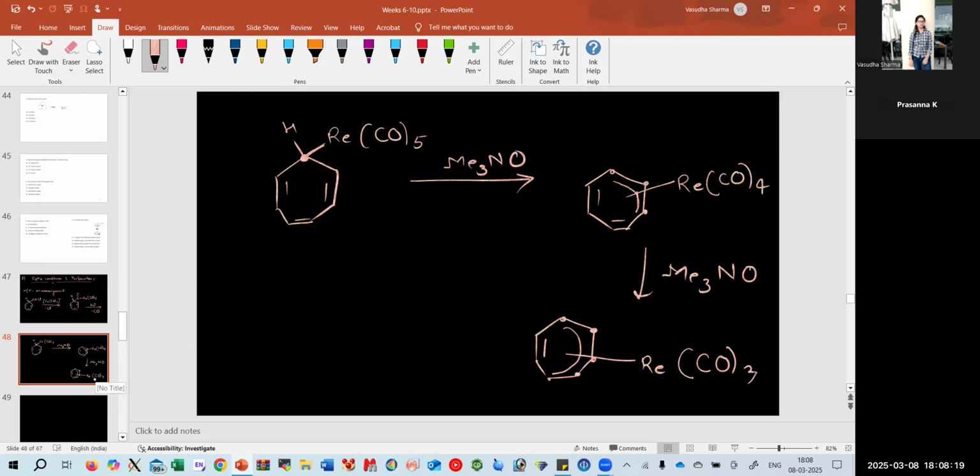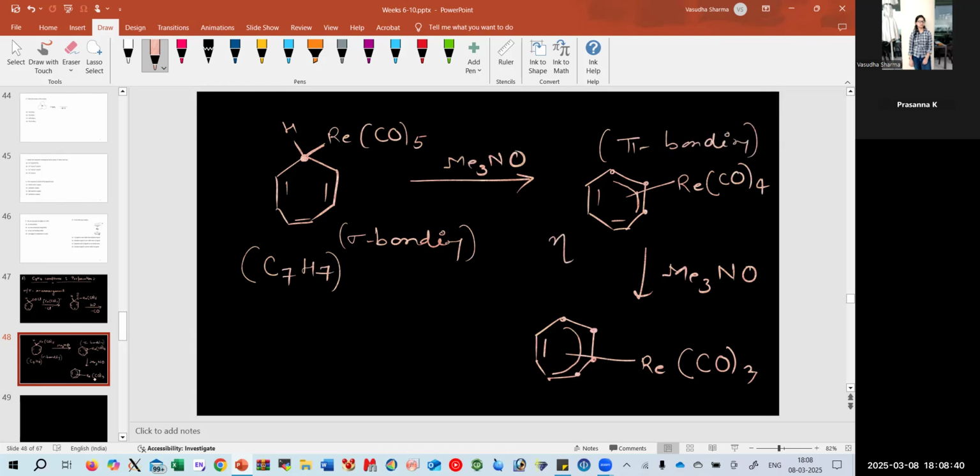So this is it. Here we saw that this is also a C7H7 system, but it is having a sigma arrangement, sigma bonding, we can say. But here both sigma and pi bonding is happening. Here it was hapticity 3, now it is hapticity 5, and it was hapticity 1.